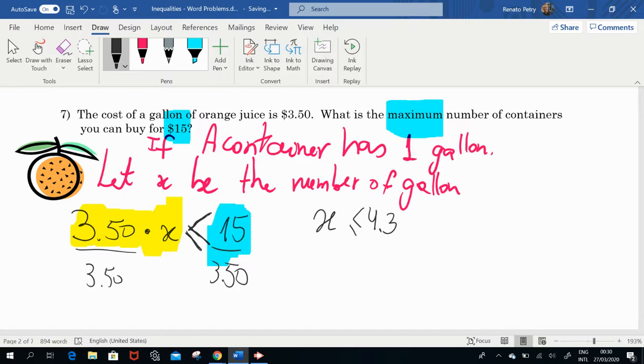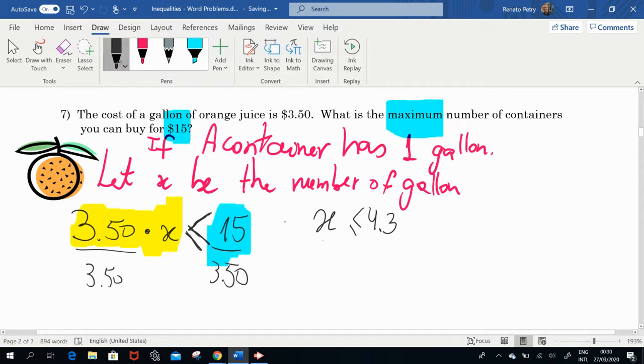Well, then we have a question. What is the maximum number of containers I can buy? If x, the number of gallons or containers, has to be less or equal than 4.3, what is the maximum number I can buy? Can I buy 5? No, I can't buy 5, because 5 would be greater than 4.3.